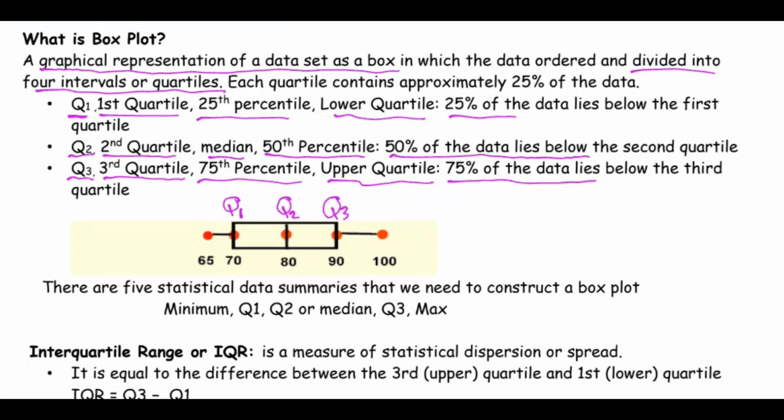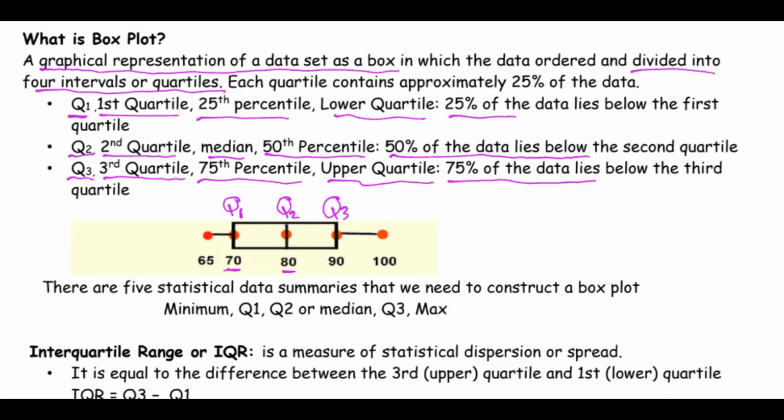In this example, the value of the first quartile is 70. The median, or the second quartile, is 80.